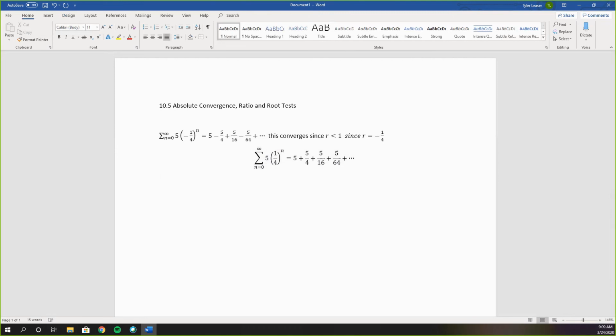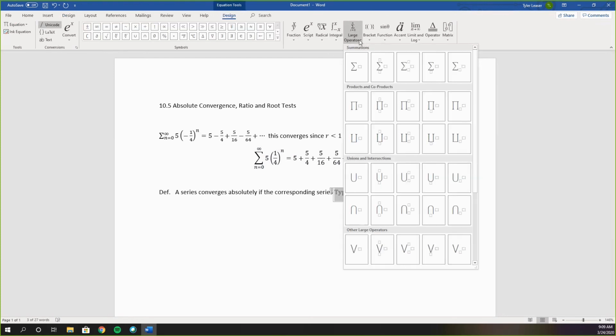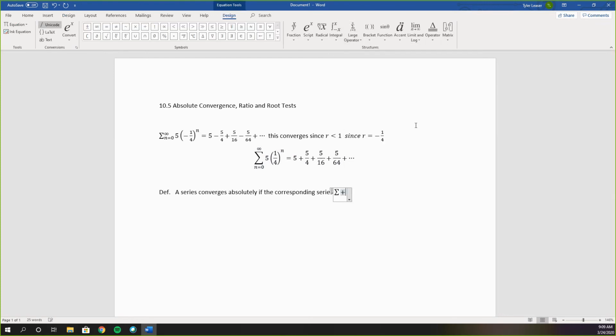This brings up an important definition. This is something called absolute convergence. So a quick little definition here. A series converges absolutely if the corresponding series of the absolute value of our a sub n.